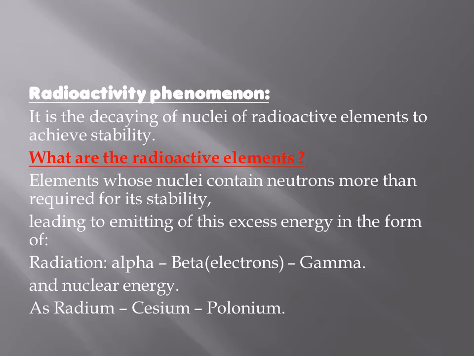That's why it needs to emit this excess energy in the form of rays, alpha, beta, and gamma rays, and nuclear energy is formed. Some examples of radioactive elements are radium, cesium, polonium, and rubidium.